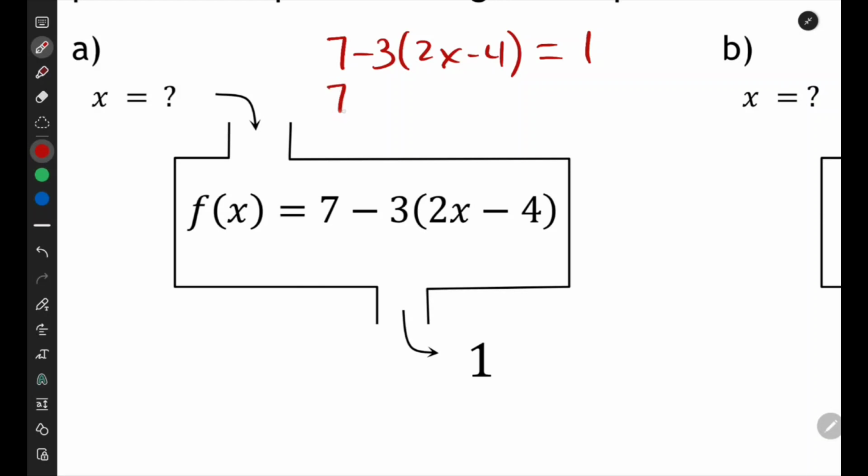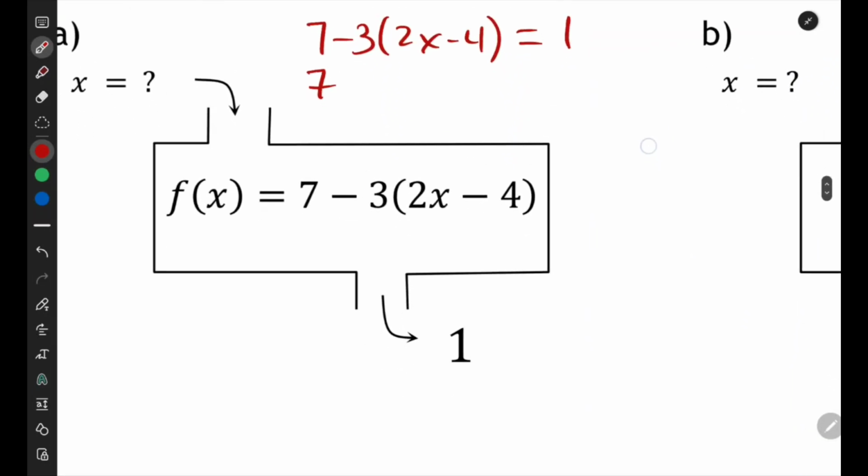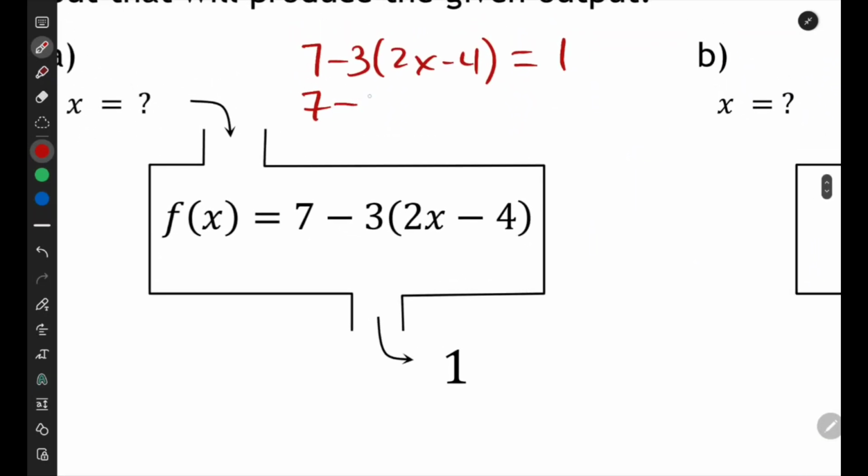So I'm going to rewrite this as 7. And then this is going to have to be a minus 6 times x and then plus 12. So you'll notice as I took these values out of the parentheses, they both were being multiplied by this -3. And then this equals 1. 7 and 12 is 19.